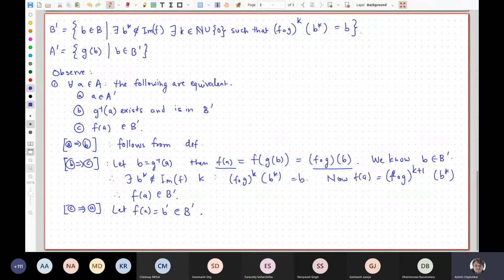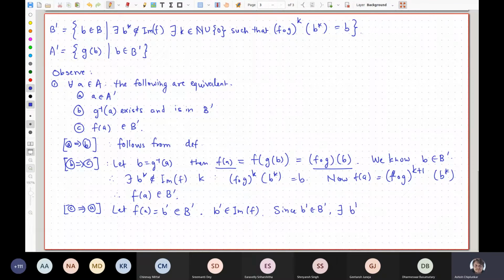Okay. So now, what does this mean? This means that B prime is in the image of F. But since B prime is in capital B prime, you apply the definition of B prime.